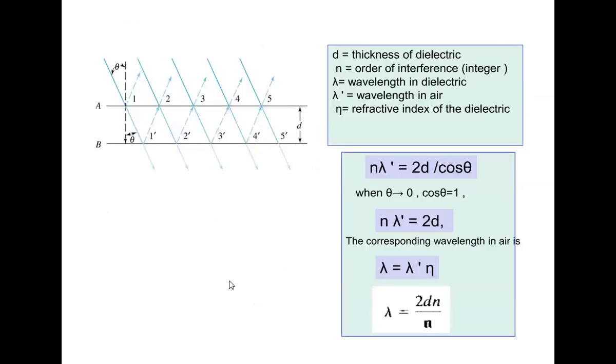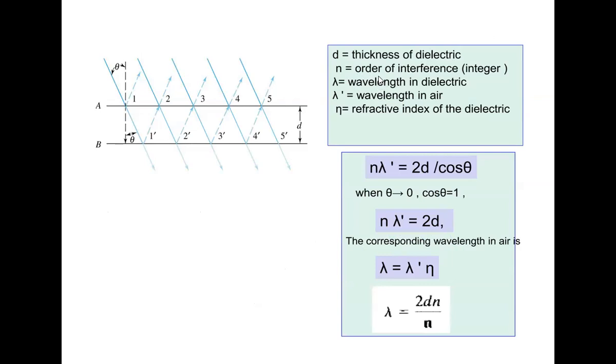Let's give some further information here, and then you will see how this is going to be useful. First, you notice the same diagram we have. We have the distance between the two, the dielectric layer. D is the thickness of the dielectric layer, this distance here. And then N is the order of interference.